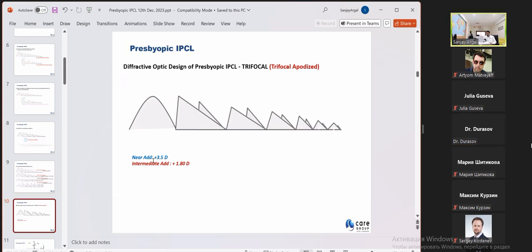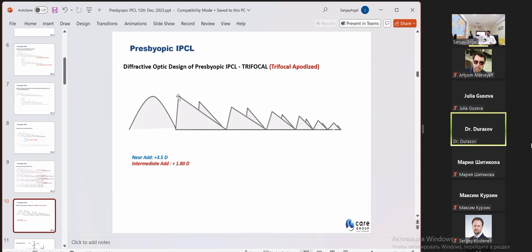So the addition for near is 3.5 diopter. And for intermediate, there is 1.8 diopter. And the beauty of this design is that the steps are not at a right angle.